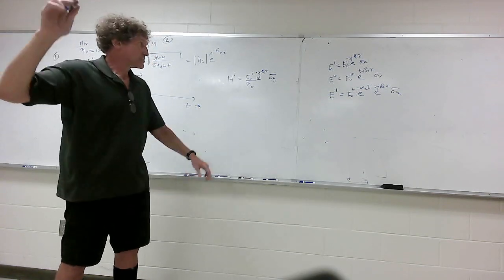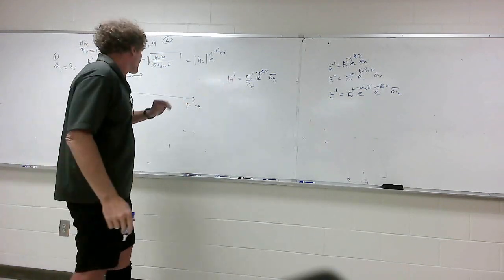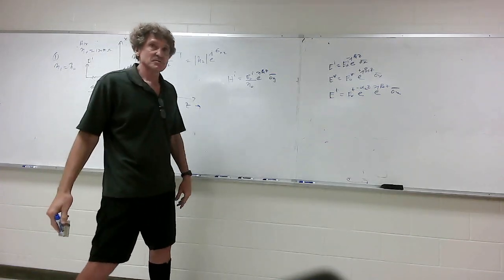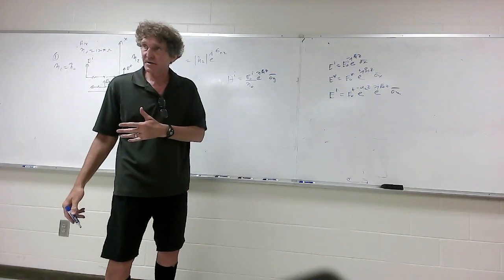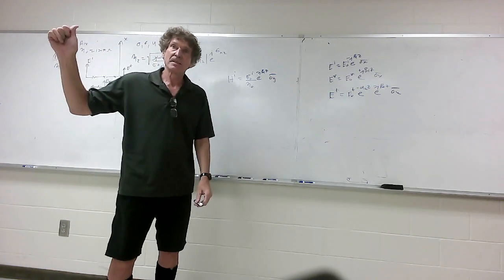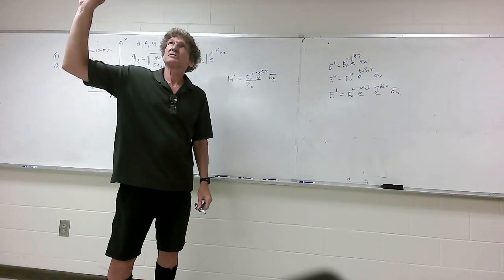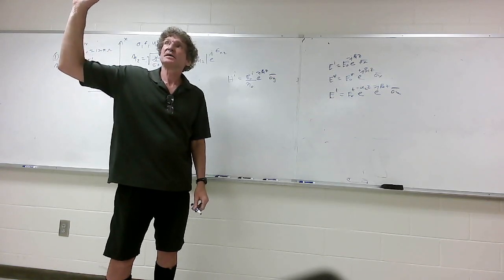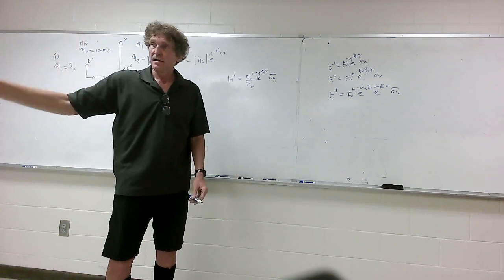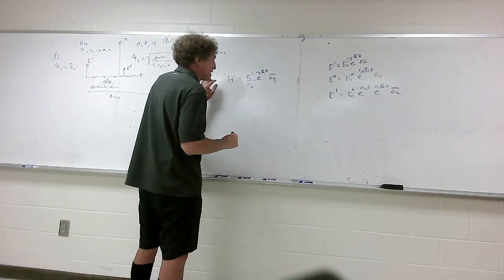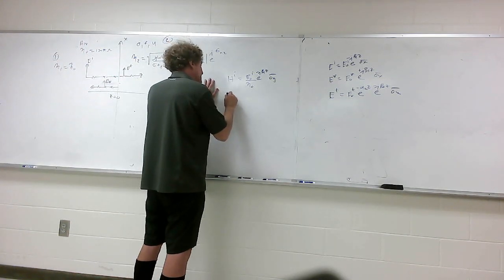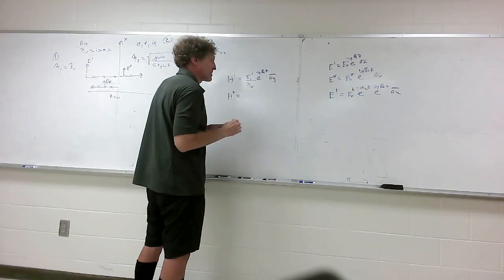All right, do you remember how to get this? I erased them, but this is just the definition of the H field. You can always get it with the right-hand rule. E field's in the X direction, it's propagating in the Z, H has to be Y. Now if you look at the reflected electric field, think about this.